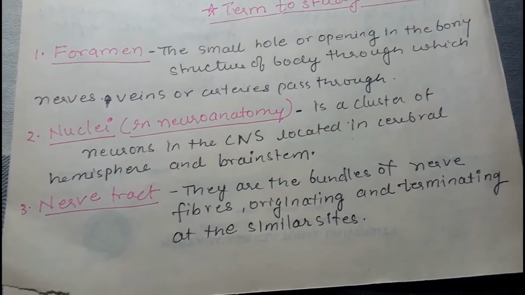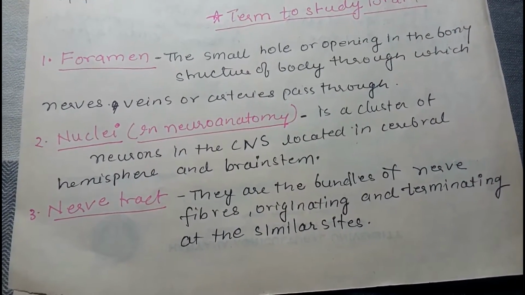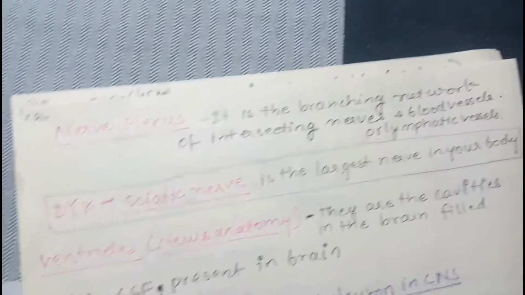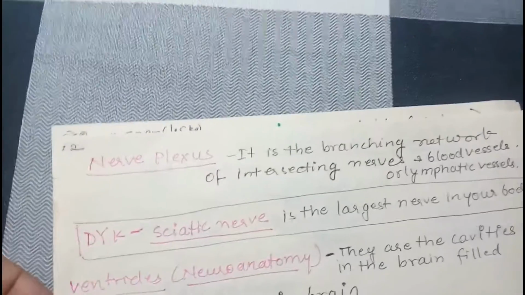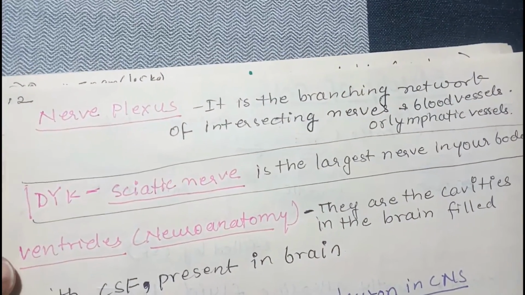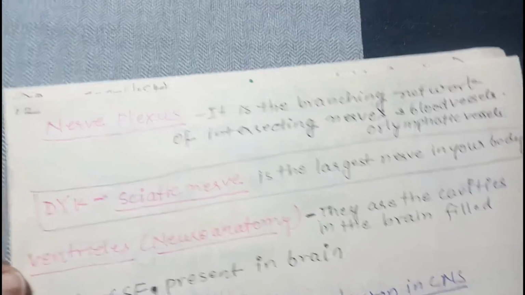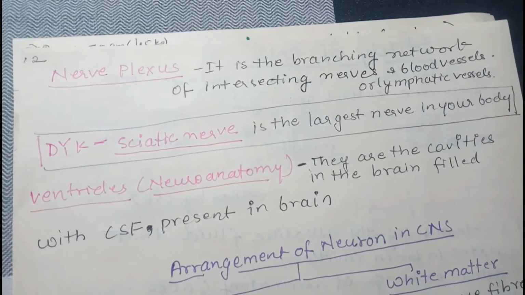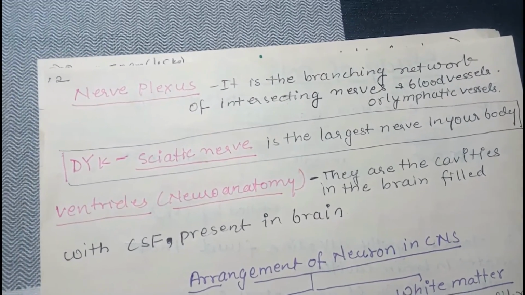Nerve tracts are bundles of nerve fibers originating and terminating at the same place. Nerve plexus is a branching network of intersecting nerves and blood vessels or lymphatic vessels. Do you know that the sciatic nerve is the largest nerve in your body?